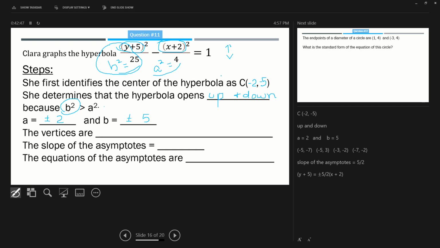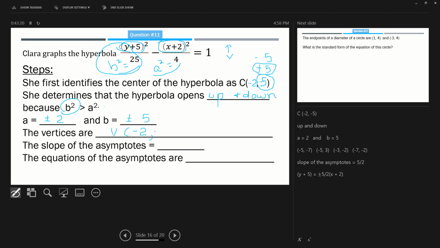All right, because it's going up and down, we're going to go from the center, positive 5 and negative 5, to find the vertices. So the first vertex, we're not going to do anything with that x-coordinate, but we're going to take the y-coordinate, negative 5, and we're going to add 5 to it.